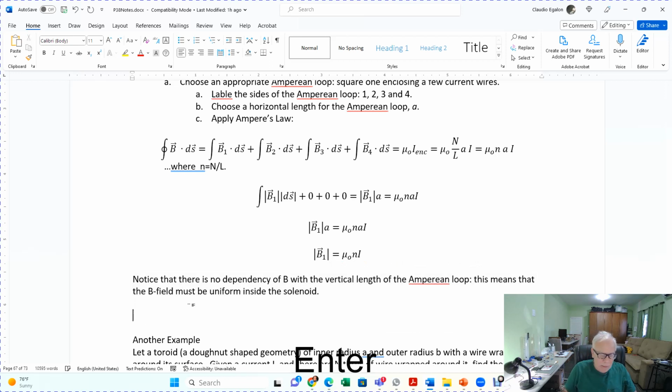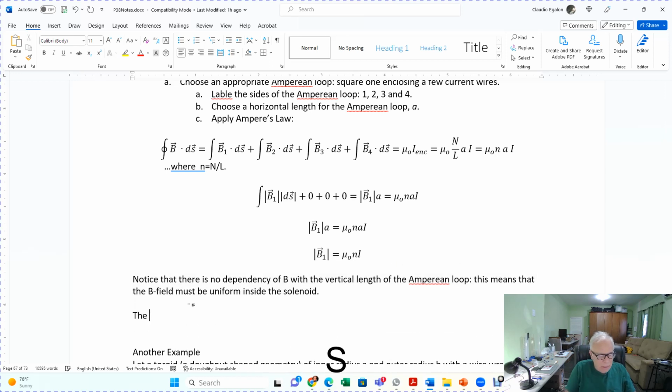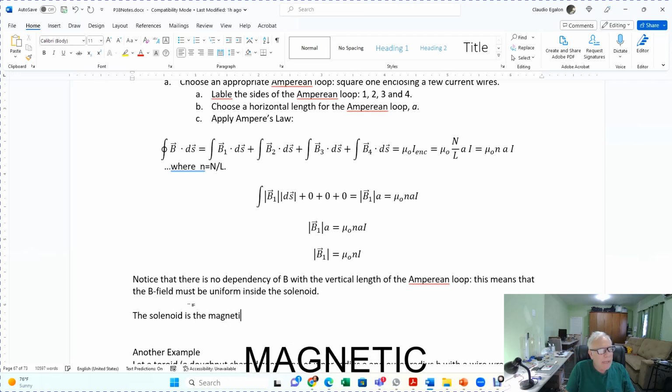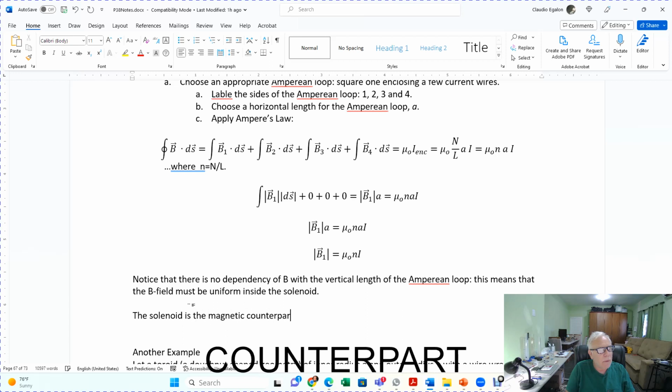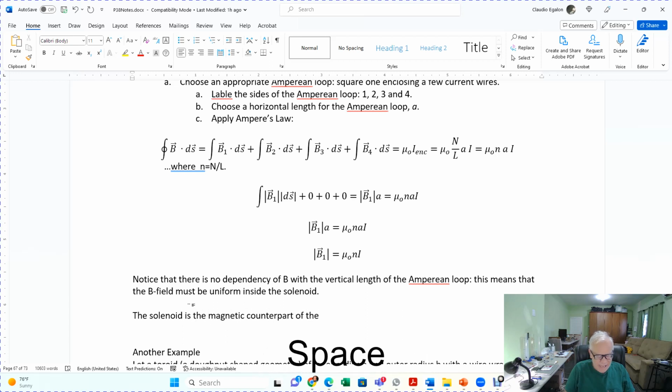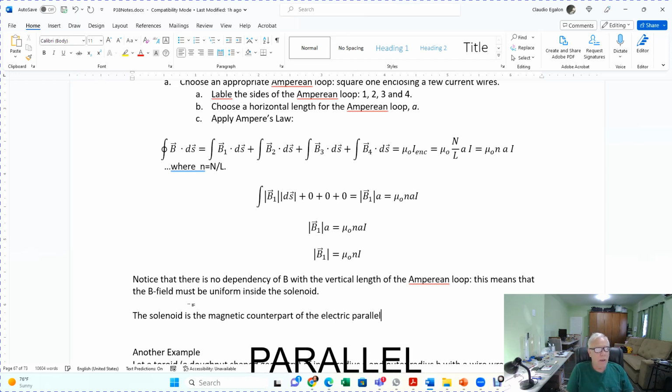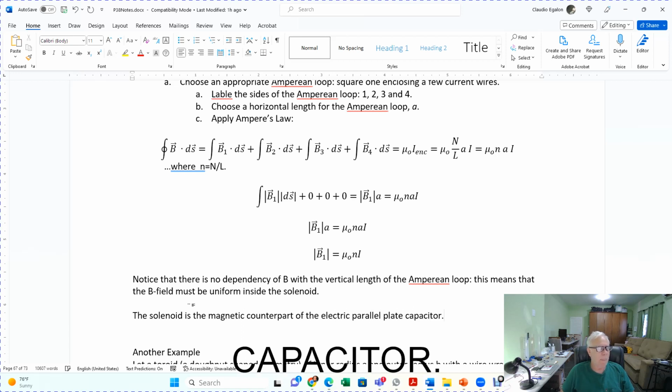So the solenoid is the magnetic counterpart of the electric parallel plate capacitor. Okay?